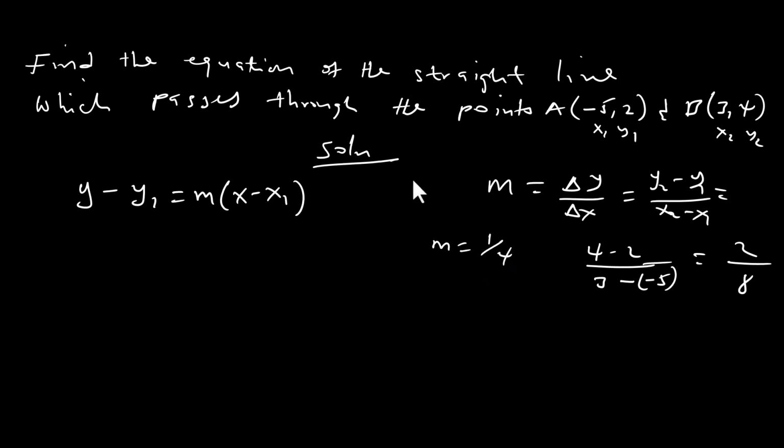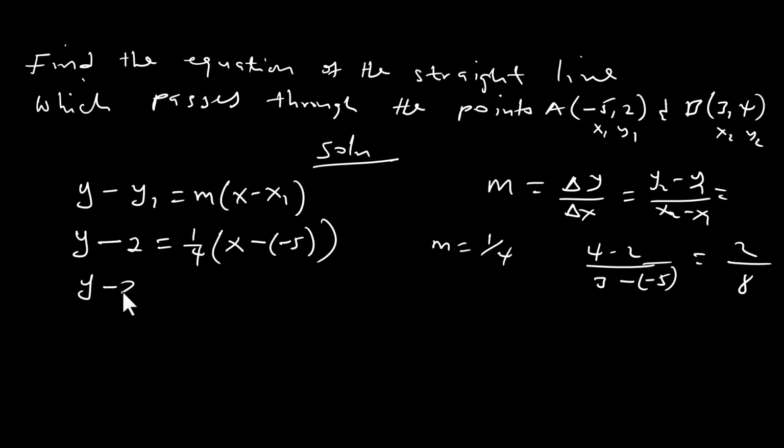So we can go ahead with the first point, x1 y1. y minus 2 equals 1 on 4 of x minus 5.